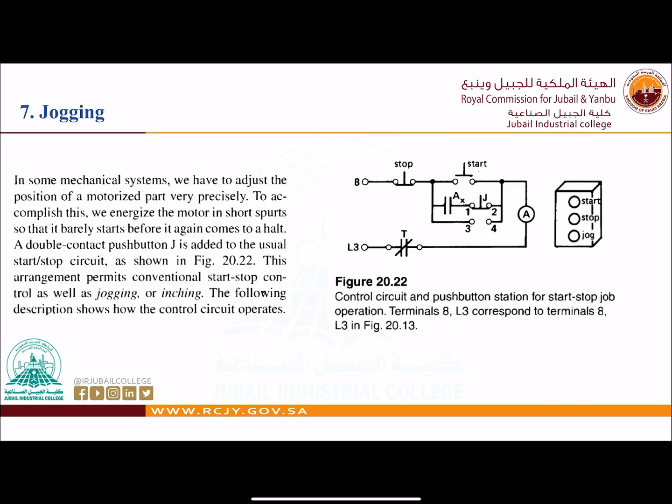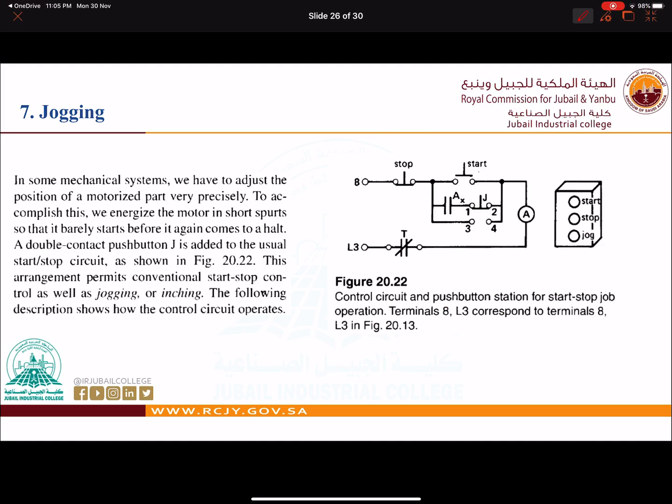Jogging is very important in industry. Jogging means that in case you need to start the motor, you rotate the motor a little bit. So let's say this is your motor connected to a conveyor belt, and this is your material.